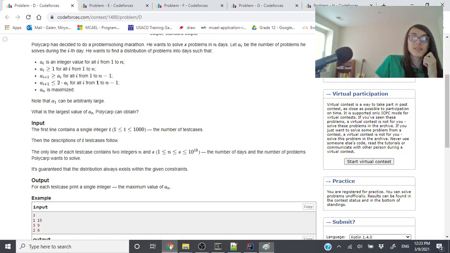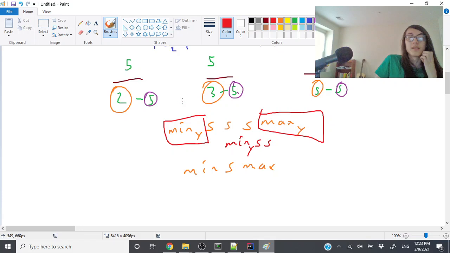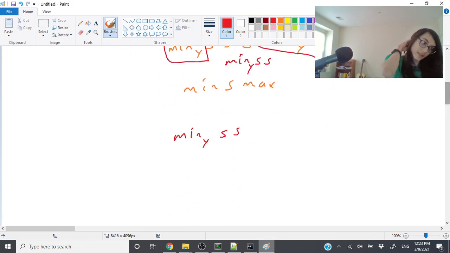So really, because the distribution exists, because there's always a way to do it, the maximum possible sum we can have where the minimum doesn't exceed s will always be greater than or equal to s. So really all we need is for the minimum sum for a given value y to be less than or equal to s.